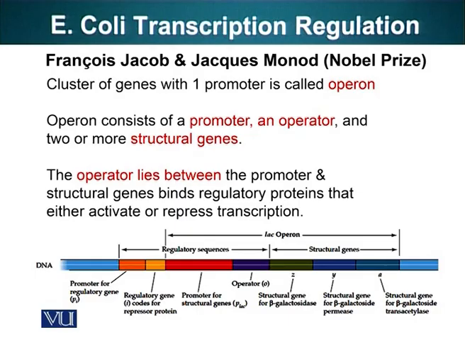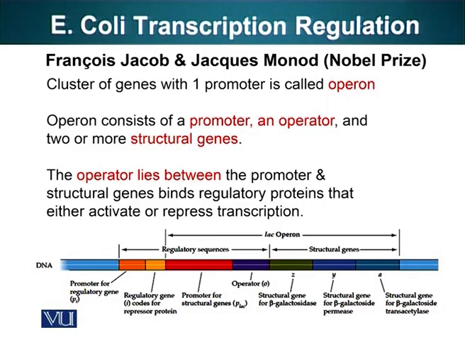This is the promoter, as we have seen earlier. Promoter is the region of DNA, a sequence of nucleotides to which RNA polymerase binds. Here we have an additional sequence called the operator. Operator is the region between the promoter and the structural genes, which has a sequence to which a regulatory protein or a regulatory entity can bind.